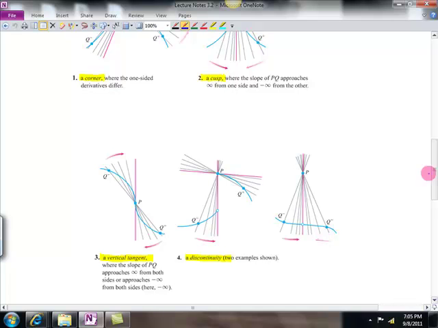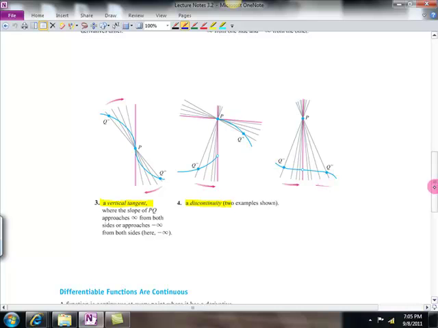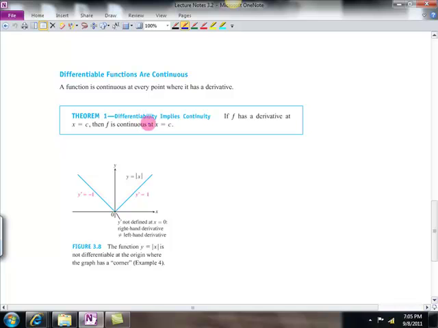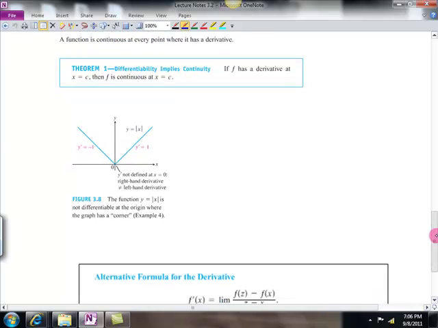So those are some pictures that you would have in your notes. And if it's differentiable, if you can take the derivative of it, it implies that it's continuous. You have to be continuous to take a derivative. So that was just some things to pull out.